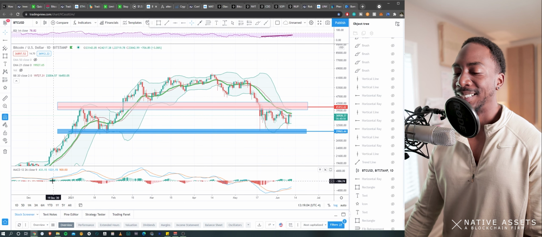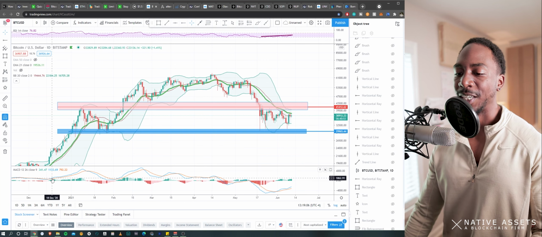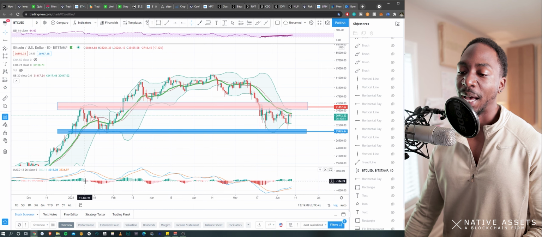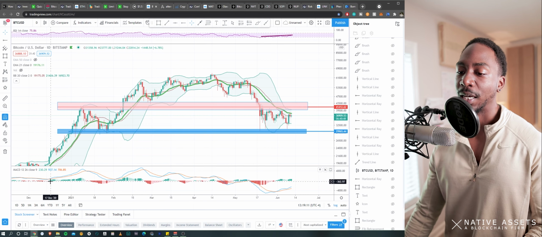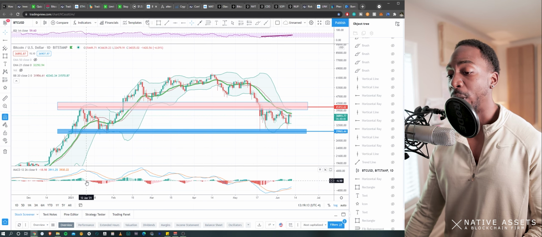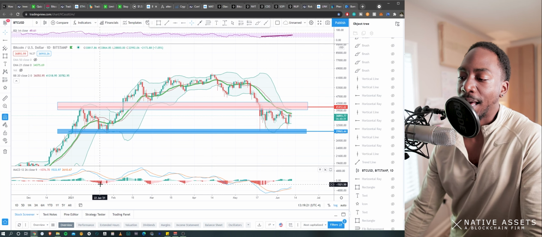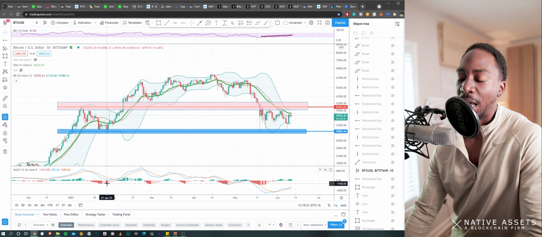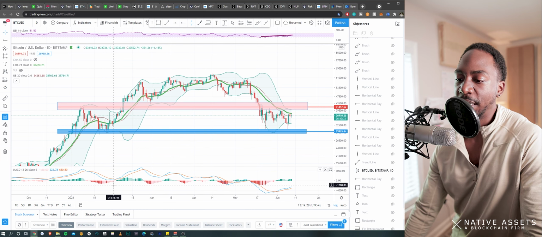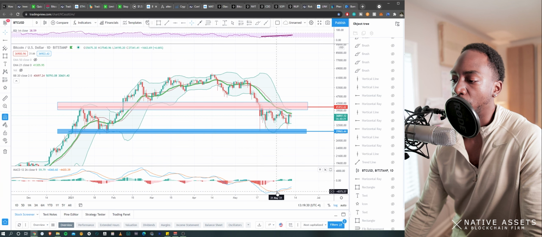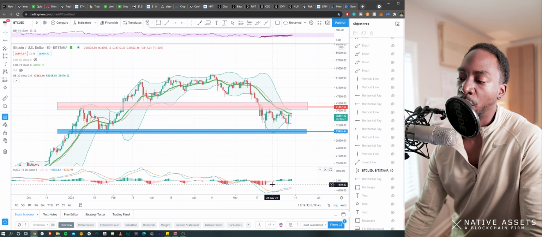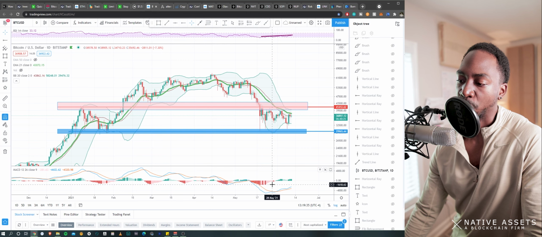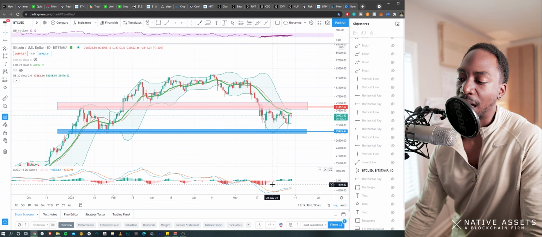You can assess these in a couple of different ways. You want to look at how long it remained on one side or the other. So if there are more green candles, then that was a longer uptrend. If there are more red candles, that's a longer downtrend. The other thing you want to inspect is the actual amplitude of the candles themselves. As you see here, we'll get it down to this area over here. When we look at the actual amplitude or the magnitude of these candles, it's measuring a negative 1600 roughly.